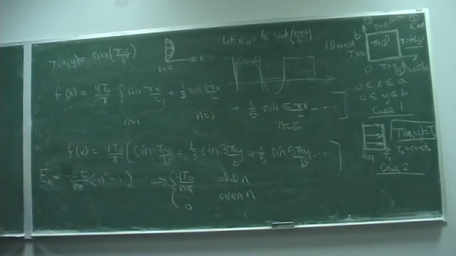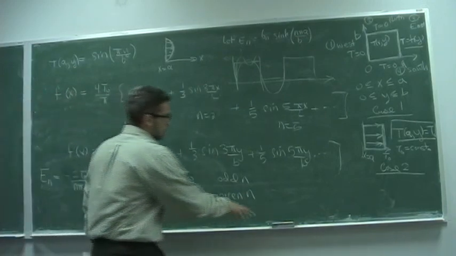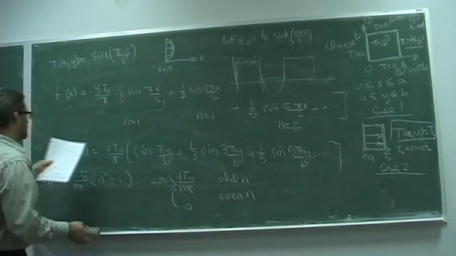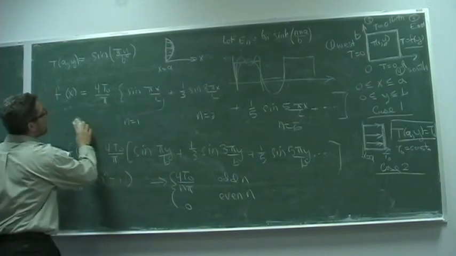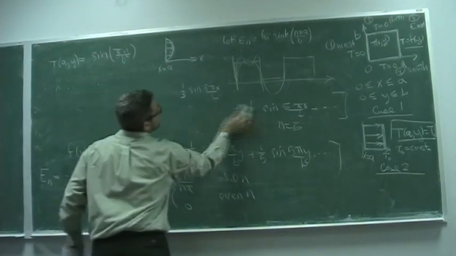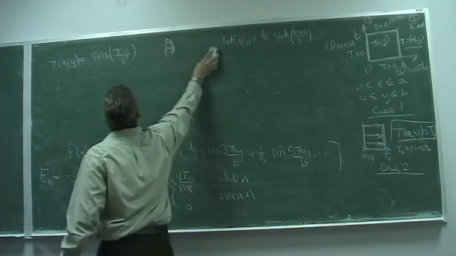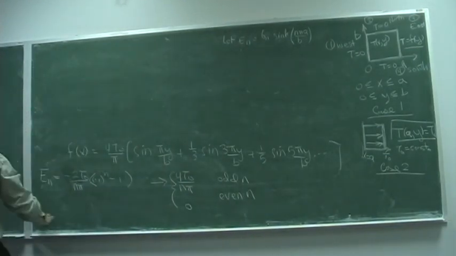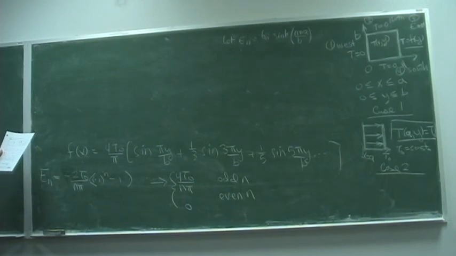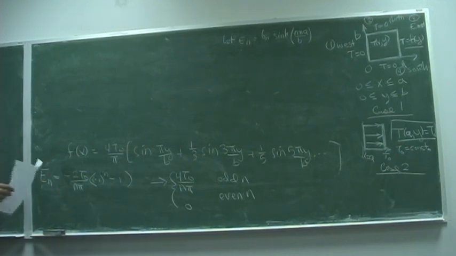In this case, we can pretty much generally write out what our solution is going to be. We don't have to apply Fourier because we know what our solution is.